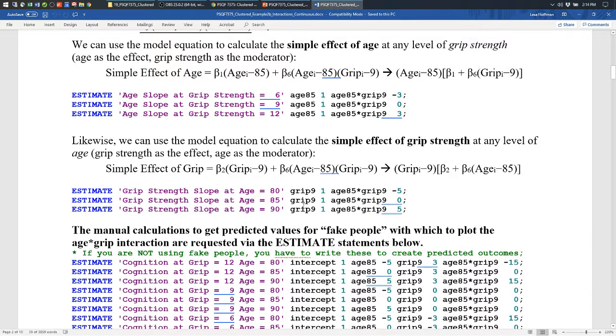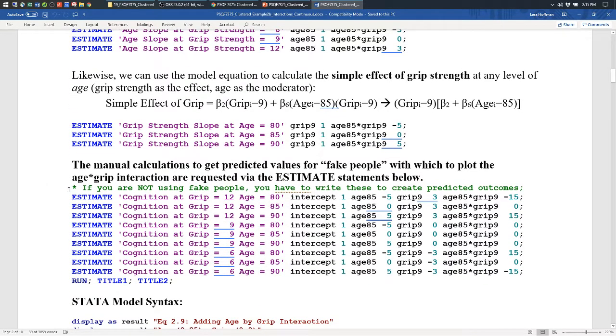Going the other way, if I want the simple effect of grip strength at any age, beta 2 by itself gives me what it is at age 85. If I pull all of the grip strengths out and factor grip, the term in brackets here is what goes into the statements. I need one beta 2, so that's what the grip 9-1 stands for, and I need as many ages as the age that I'm going for, multiplied by the interaction term.